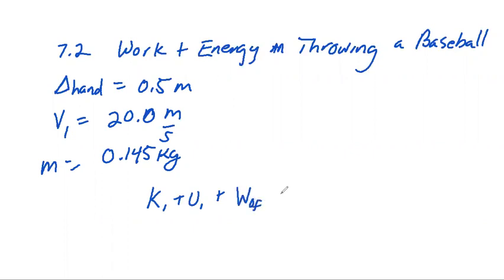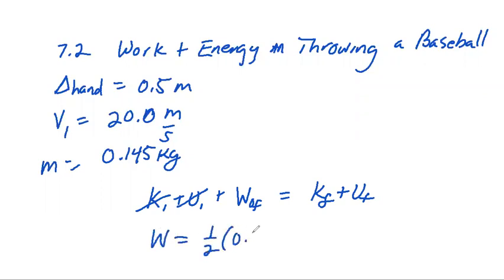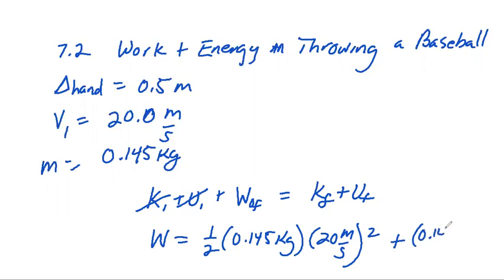outside forces, equals K final plus U final. We know the initial K and U are 0 and 0. So we have to solve for the work. So work equals 1/2 times 0.145 kg times 20 meters per second quantity squared plus 0.145 kg times 9.8 meters per second squared times 0.5 meters.